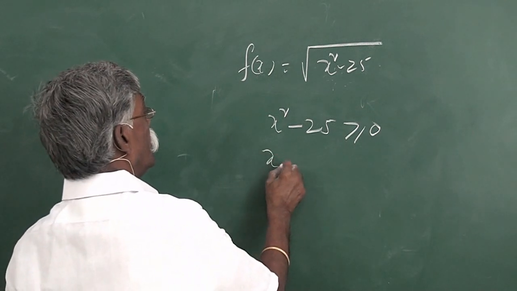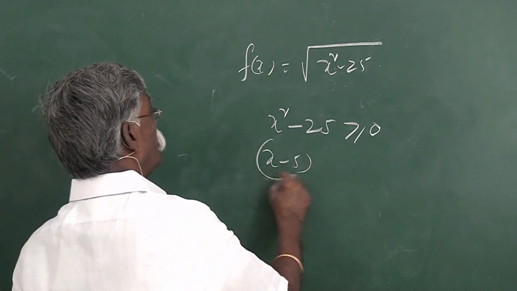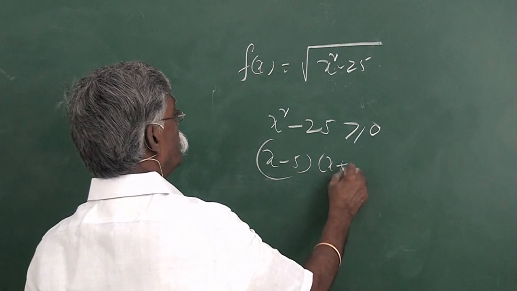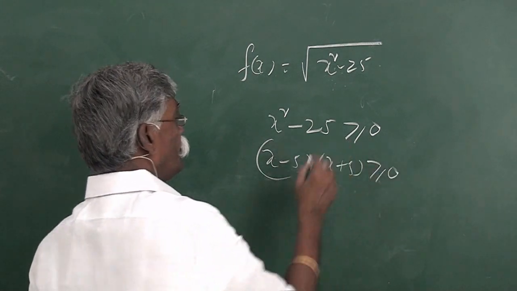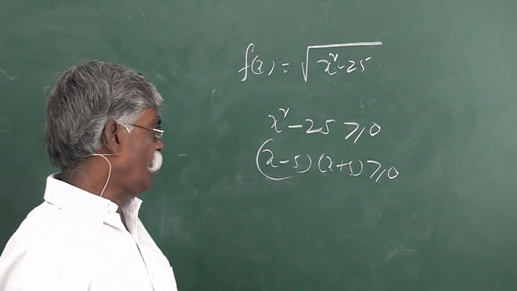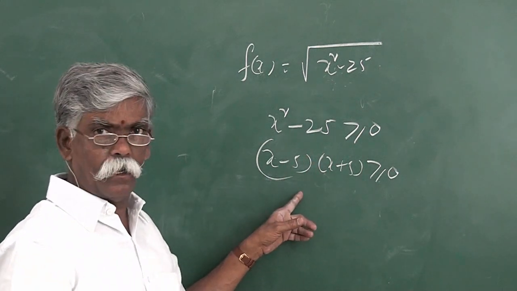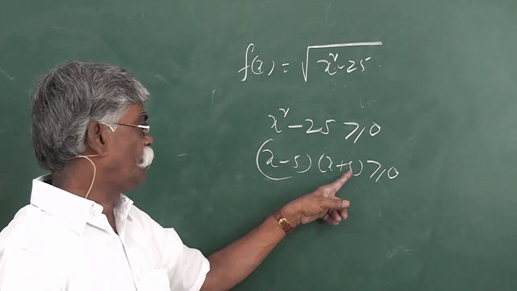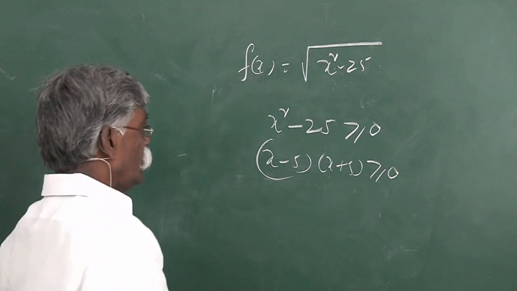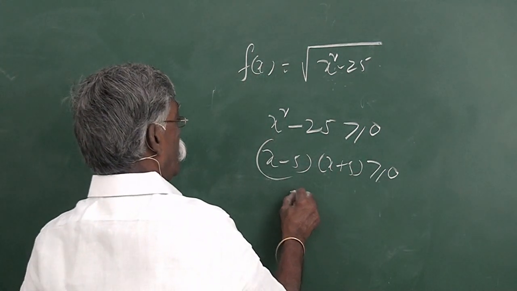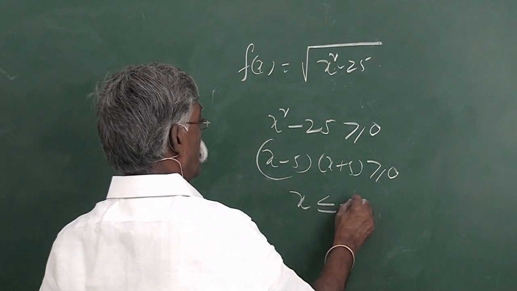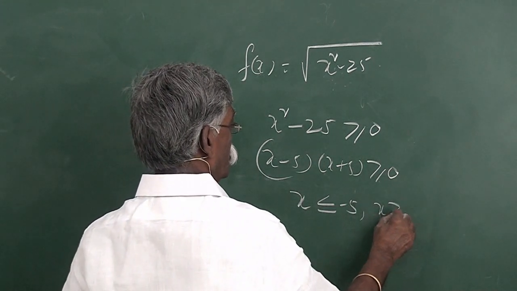Therefore, x minus 5 into x plus 5 is greater than or equal to 0. Coefficient of x square is positive, expression is positive, hence x cannot take any value which lies between minus 5 and 5.